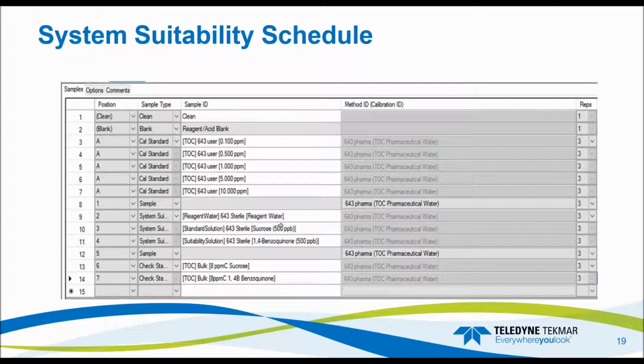Then I ran my 0.5 sucrose, my 0.5 1,4-benzoquinone, and then my 8 ppm sucrose and my 8 ppm 1,4-benzoquinone. I did put another water sample in between there. It's just DI water.